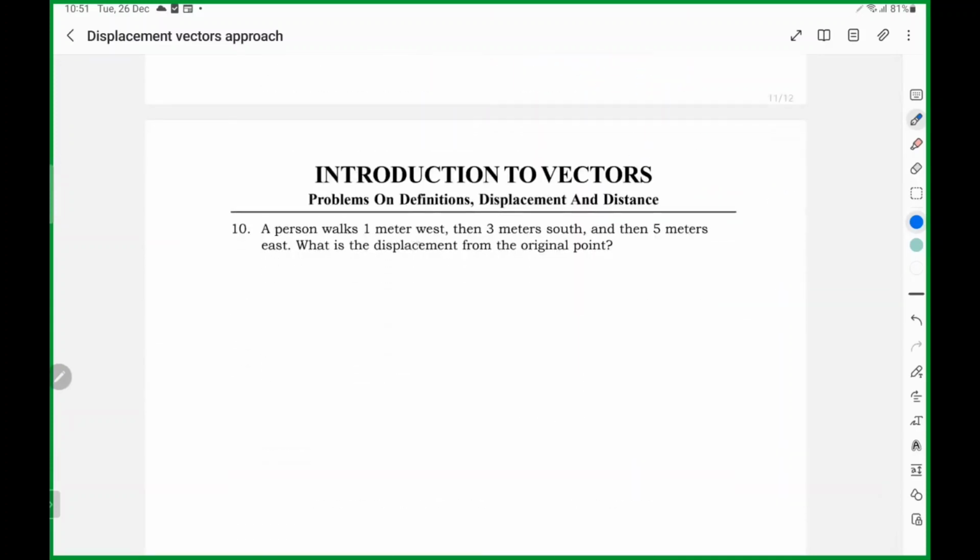Here also, 1 meter towards west, east, west, north, south. 1 meter towards west, 3 meters due south, and then 5 meters due east.